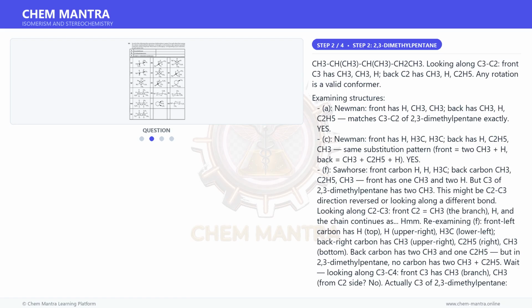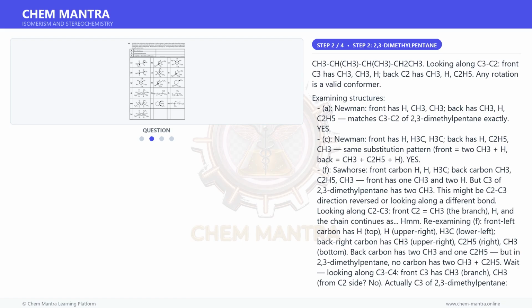C, Newman, front has H, H3C, H3C, back has H, C2H5, CH3, same substitution pattern: front is CH3 plus H, back is CH3 plus C2H5 plus H. Yes. F, Newman, front carbon H, H, H3C, back carbon CH3, C2H5, CH3, front has 1 CH3 and 2 H.